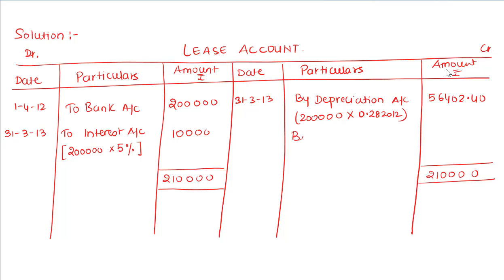Let us calculate the balancing figure. By balance carried down, 2 lakh 10,000 minus 56,402.40. Do it on your calculators fast. 153,597.60.